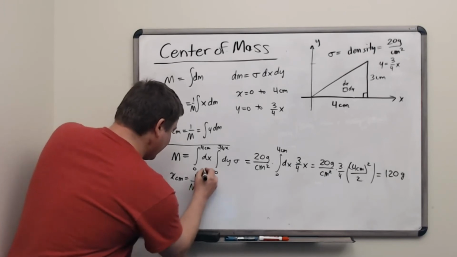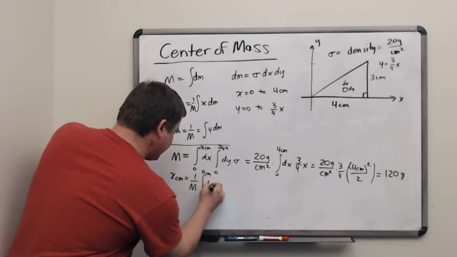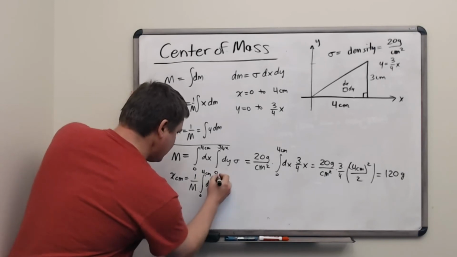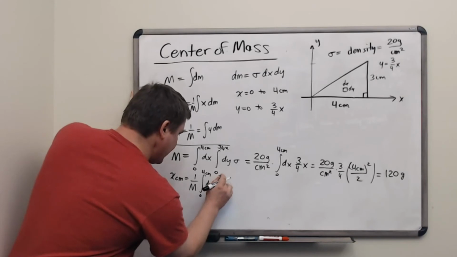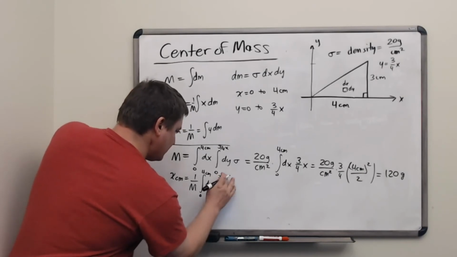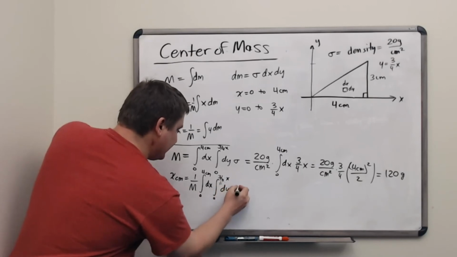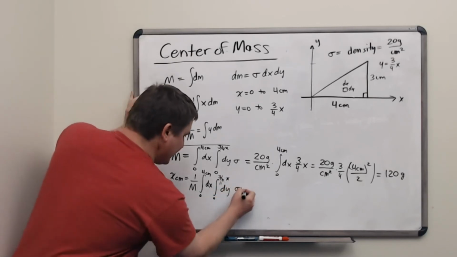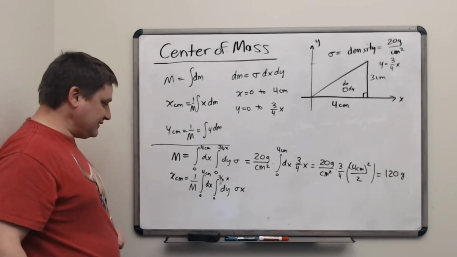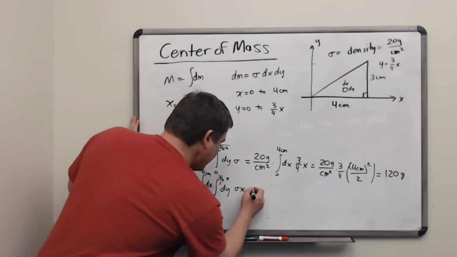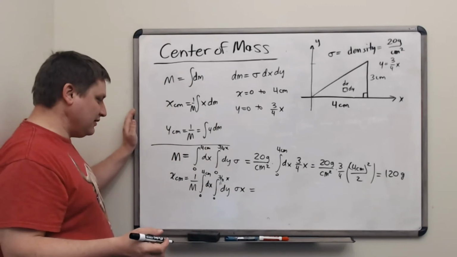So I'll write out what these are. That's a 3/4x, 3/4 times x dy. And then the integrand here is sigma times x for xcm. What does that mean for doing the integral?